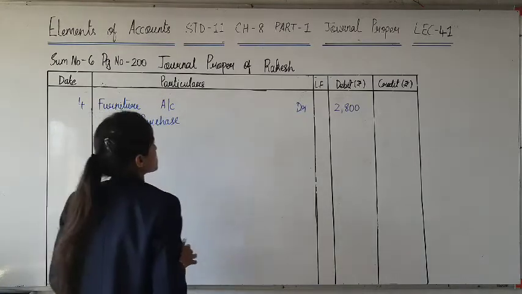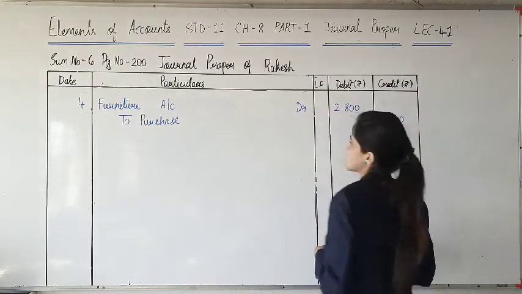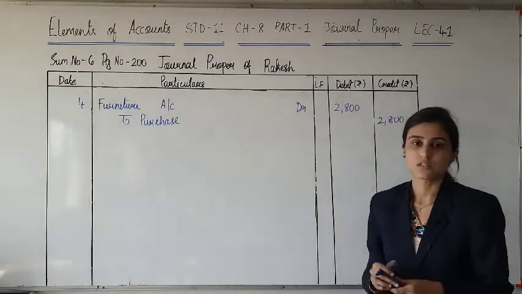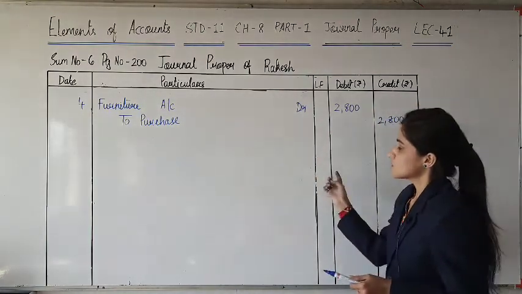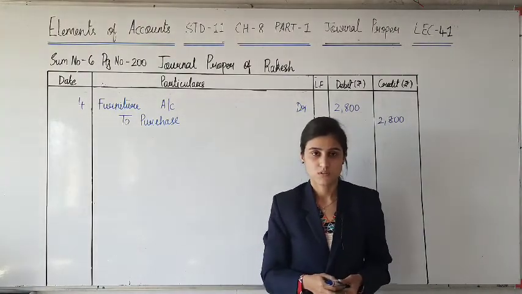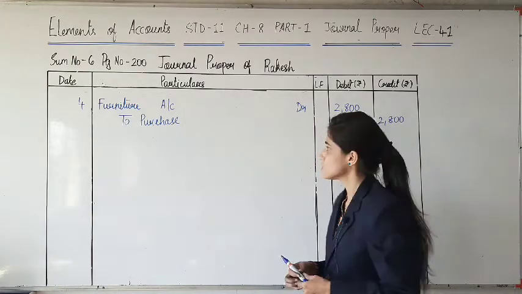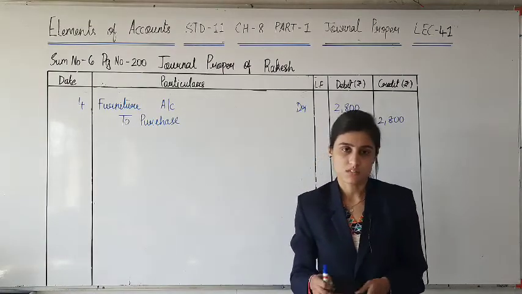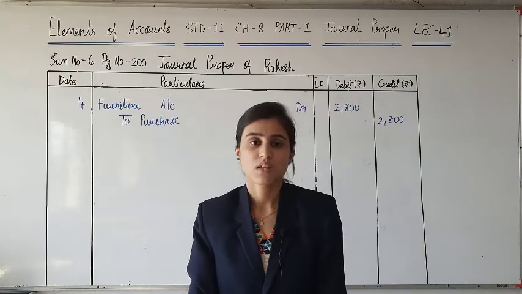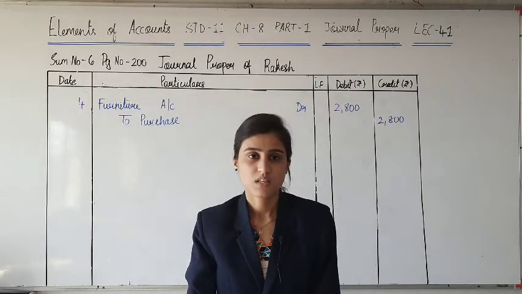Goods of rupees 2,800 you have given, so purchase account is credited, because goods are going out and furniture comes in. Furniture is of rupees 3,000, but you have taken that furniture in exchange of goods worth rupees 2,800.